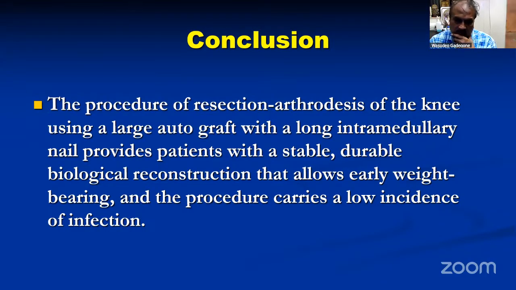I have some cases with more than 20 years of follow-up, and they are doing really well without any complaint. So this is my presentation, but I don't want to debate the recent and more progressive treatments of giant cell tumor, where you get extended curettage and newer modalities of treatment.